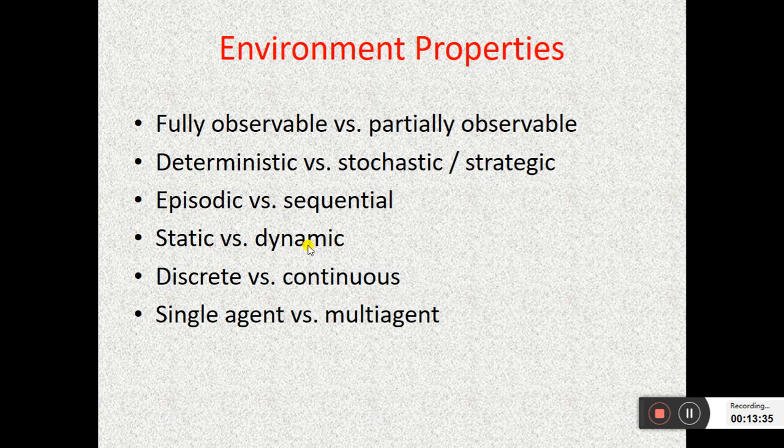Static versus dynamic, as the name says, shows that any environment that is fixed, that would be static, and any environment that is dynamic, or that has different dimensions, that would be dynamic. Next, we can have a discrete versus continuous. In discrete and in continuous, discrete means fixed.